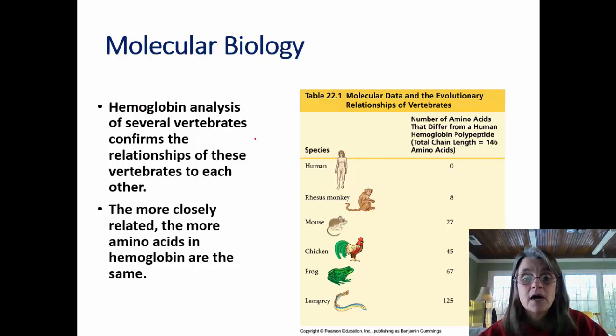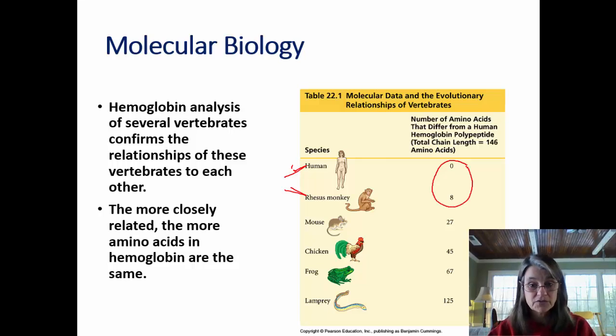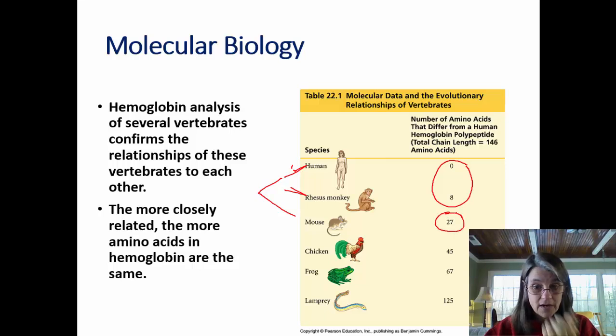For example, a human and a monkey, that we would expect to be pretty closely related based on all the other evidence we have, have only 8 amino acids difference in their hemoglobin molecules. Whereas if we look at a human and a mouse, which are less closely related, we find more differences, 27 different amino acids.